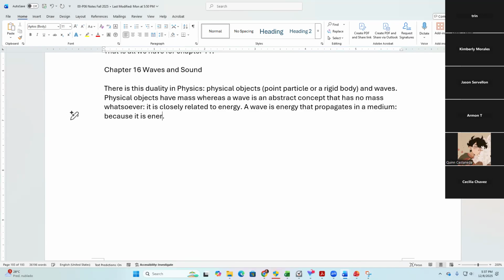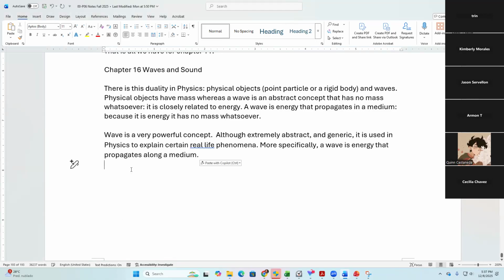It's a very important concept in physics that helps us explain a lot about the universe. Although extremely abstract and generic, it's used in physics to explain many real-life phenomena.